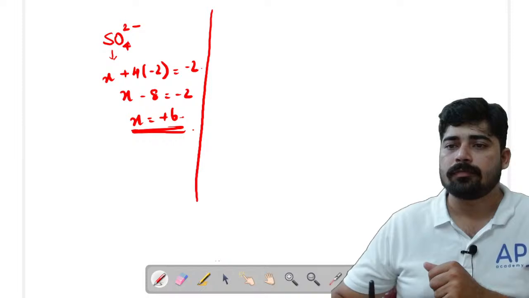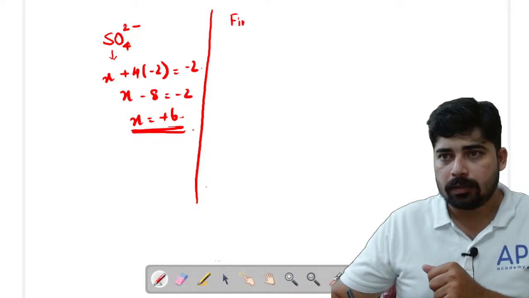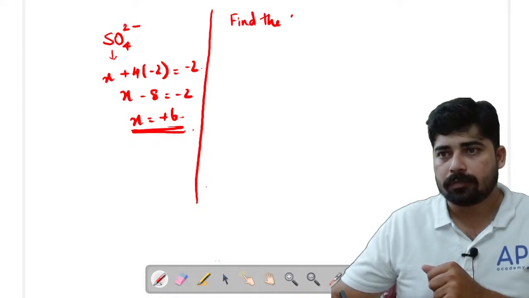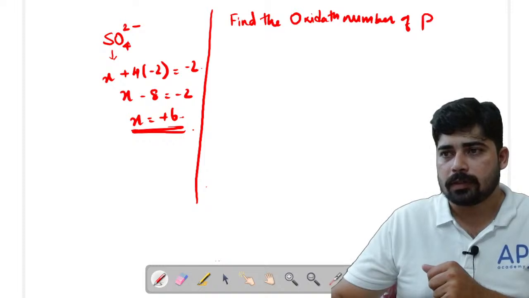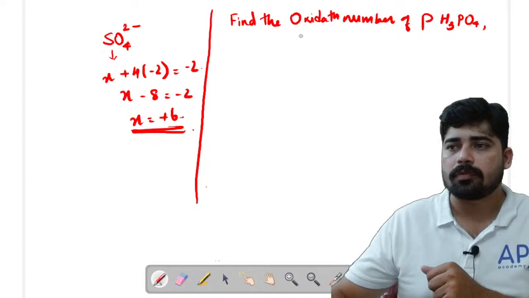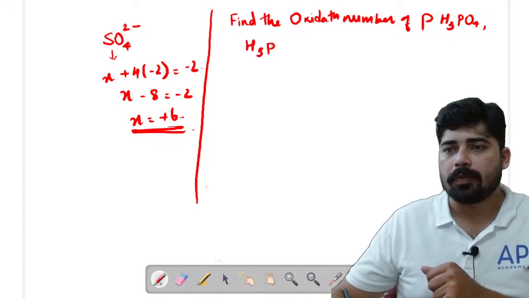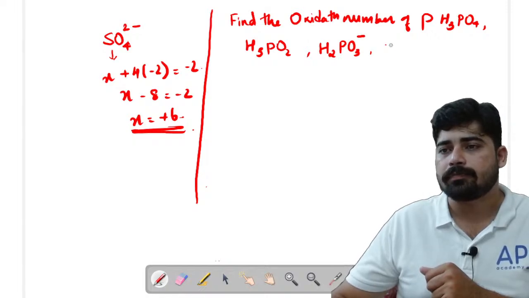Here you have to find the oxidation number of phosphorus in H3PO4, H3PO2, H2PO3 minus and PO3 2 minus.